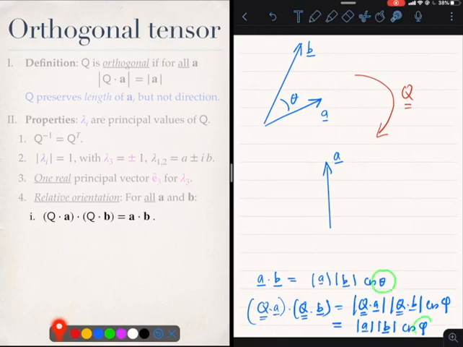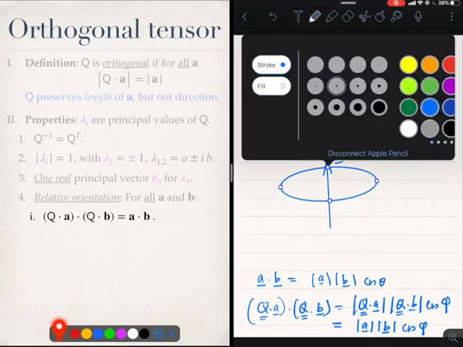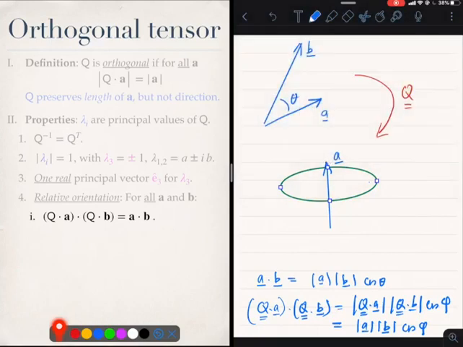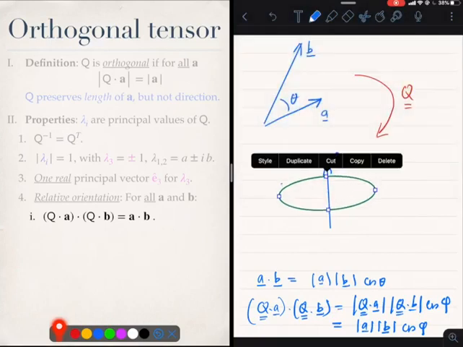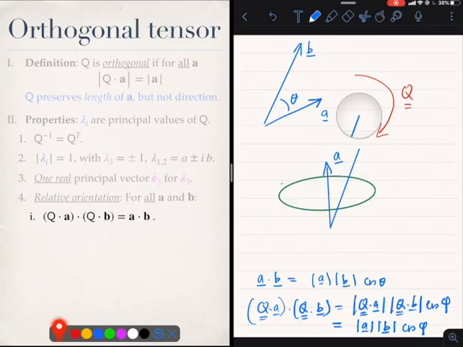Because theta and phi are the same, if I were to draw a cone, vector B can be on it.